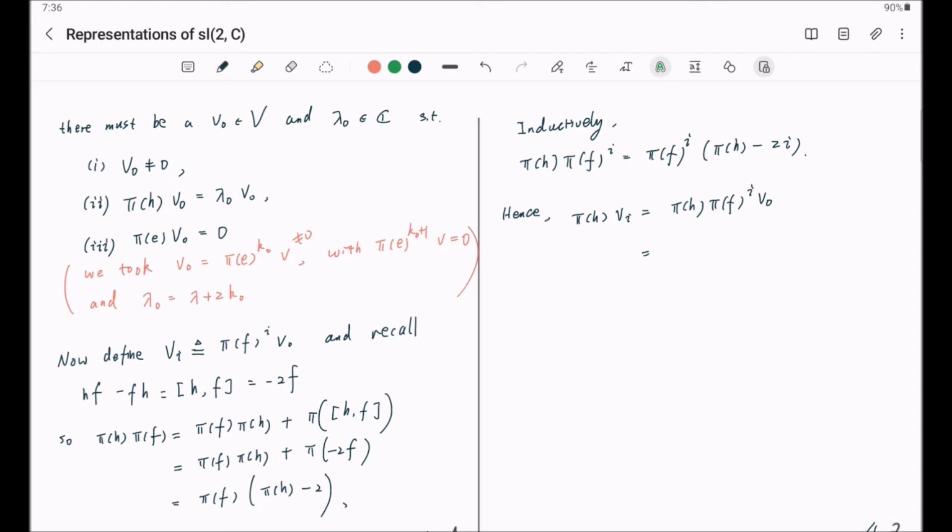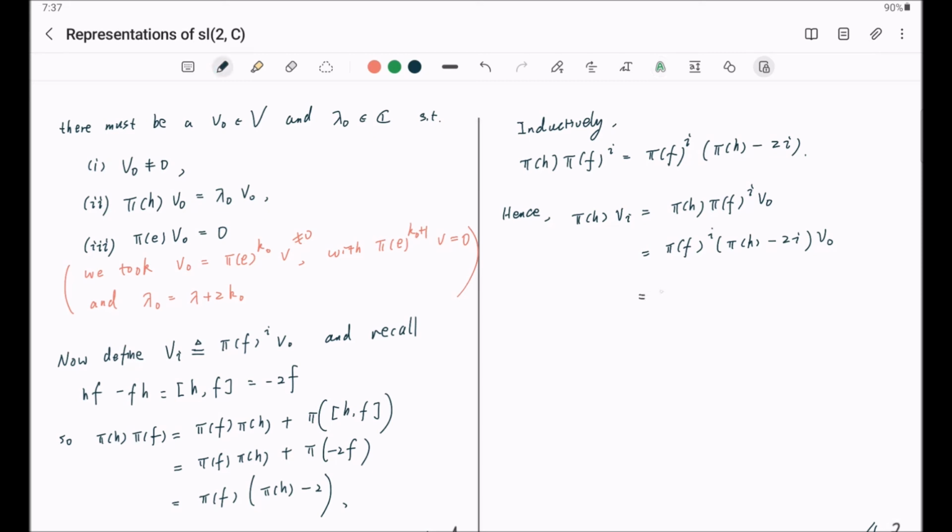And now we're going to use this relation to get, but what is pi of H here applied to v naught? This is number 2, right?